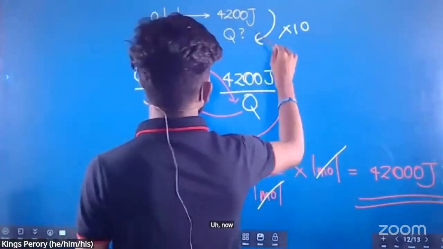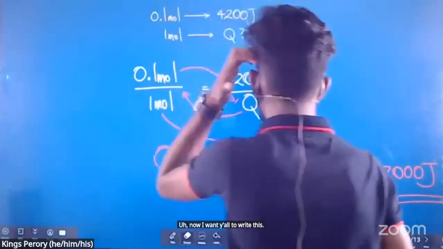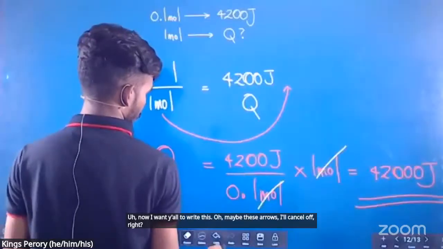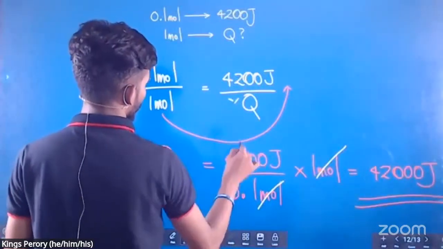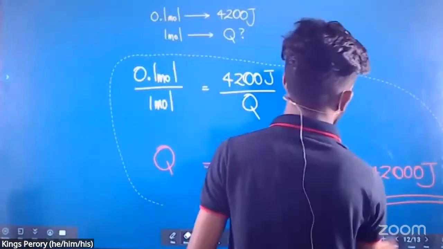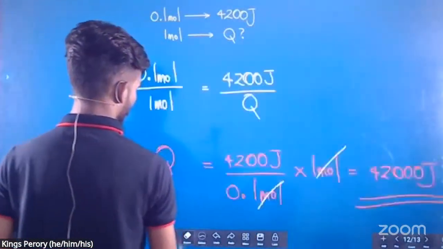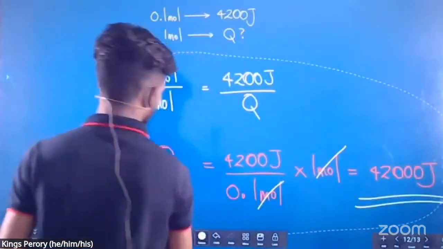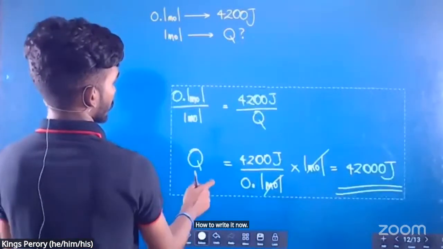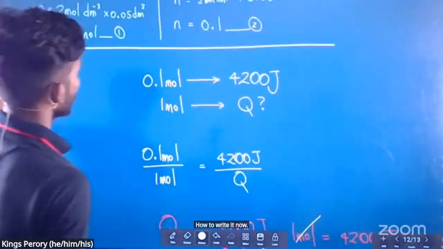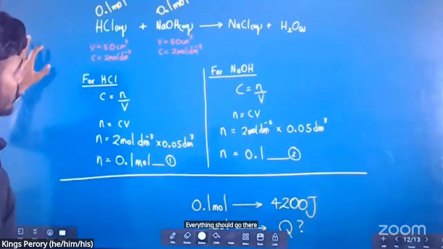Now I want you all to write this. Maybe I'll cancel off these arrows. How to write it now? Everything should go there.